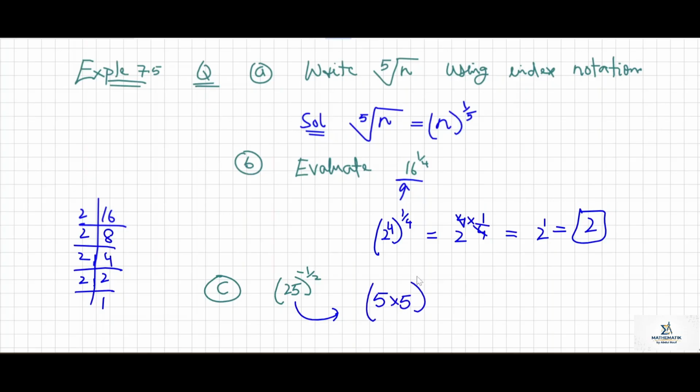So (5 into 5) raised to minus 1 by 2. 5 into 5 becomes 5 squared, and 5 squared raised to the whole minus 1 by 2. So 2 will be cancelled. You will get 5 raised to negative 1, so it will become 1 divided by 5.